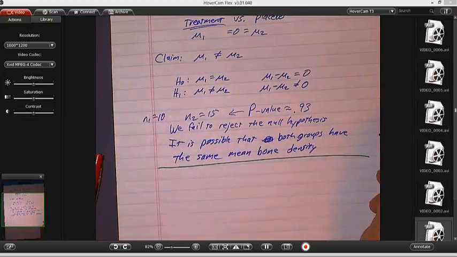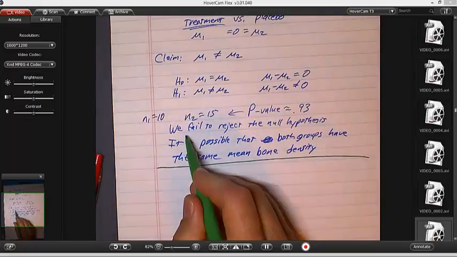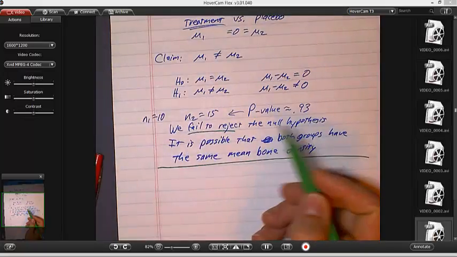Now, I want to emphasize that we either reject or, in this case, fail to reject the null hypothesis.